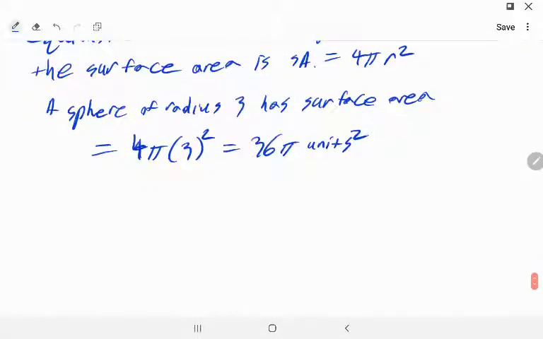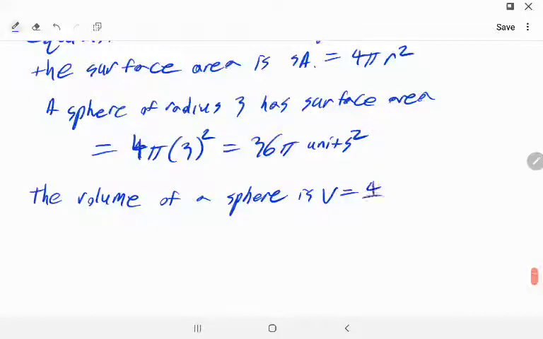We know that the volume of a sphere is given by V equals 4/3 pi r cubed.